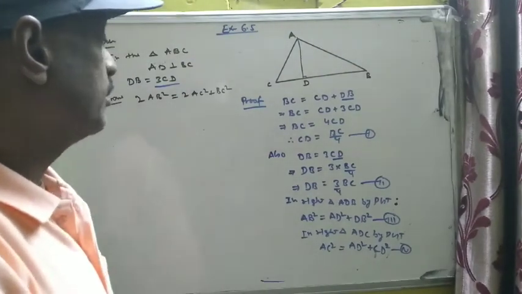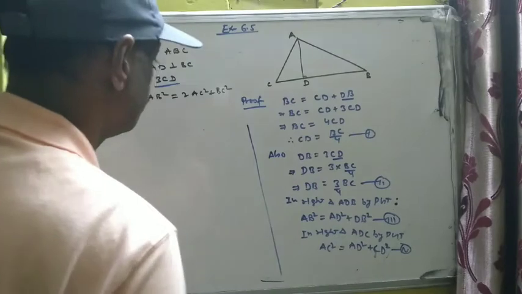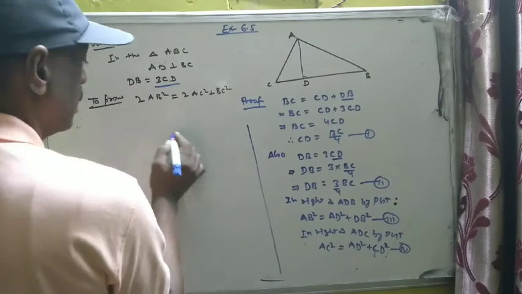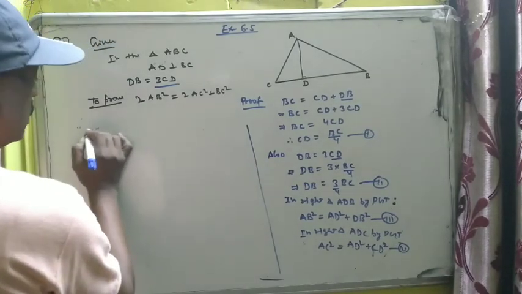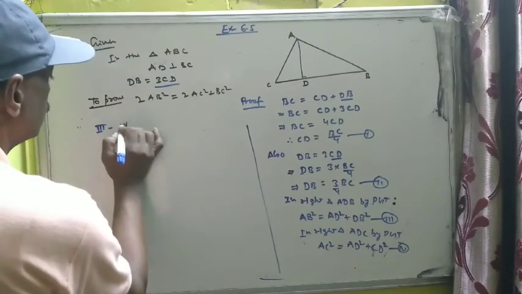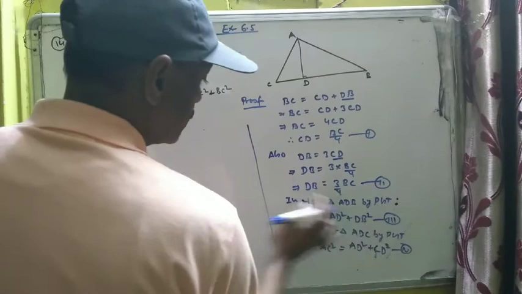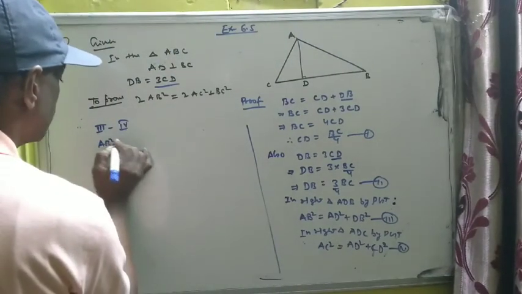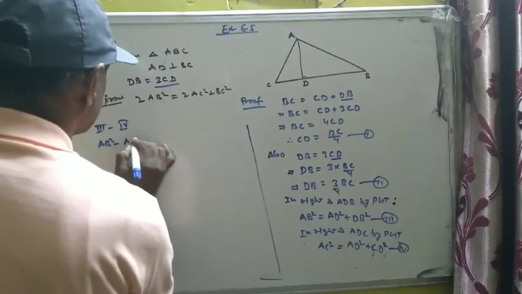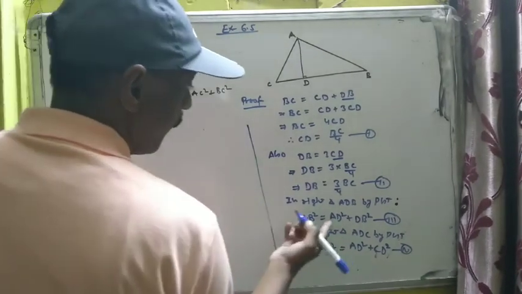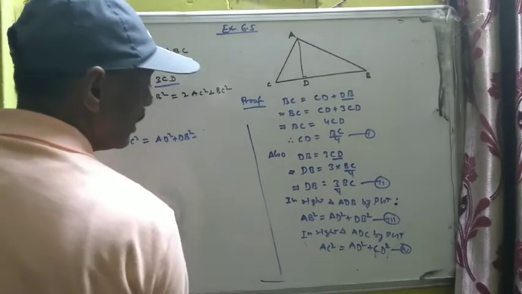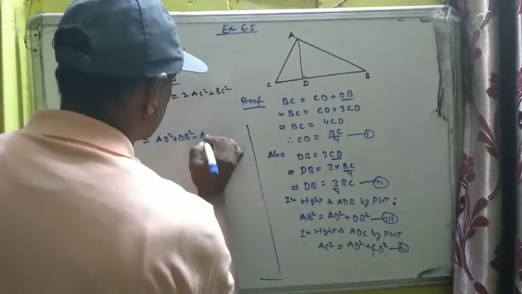So we will take equation 3 and equation 4. 3 minus 4, we will get AB square minus AC square equal AD square plus DB square and minus AD square minus CD square.